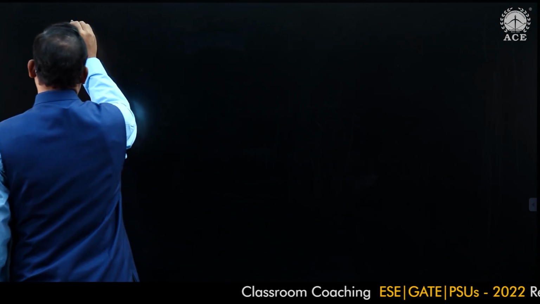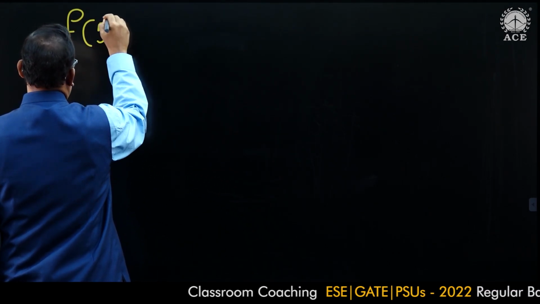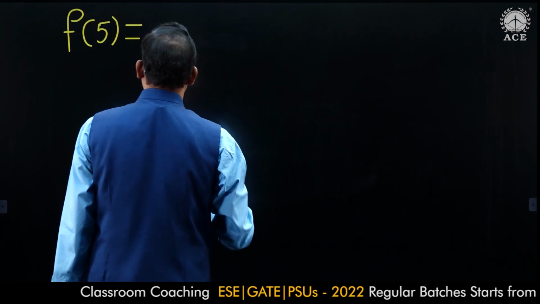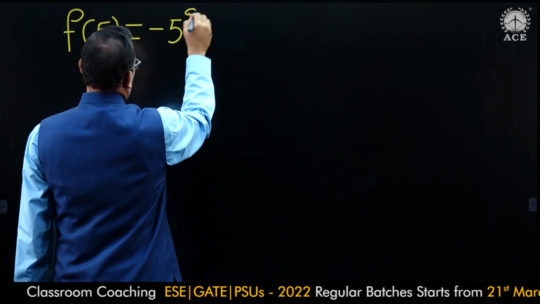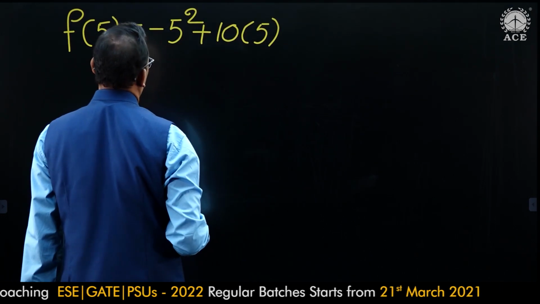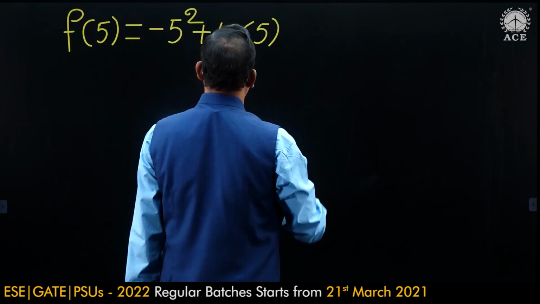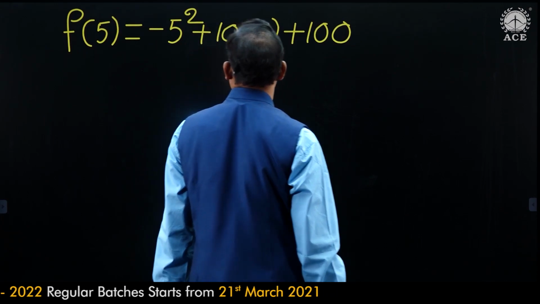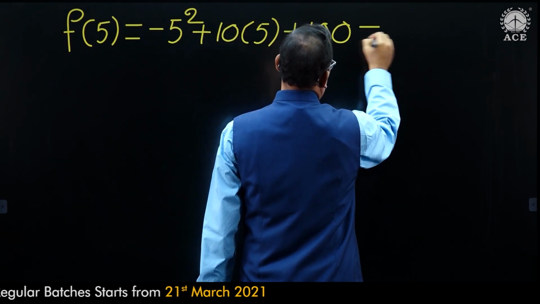Let me find f of 5. F of 5 is equal to minus 5 square plus 10 into 5 plus 100. This is 125.